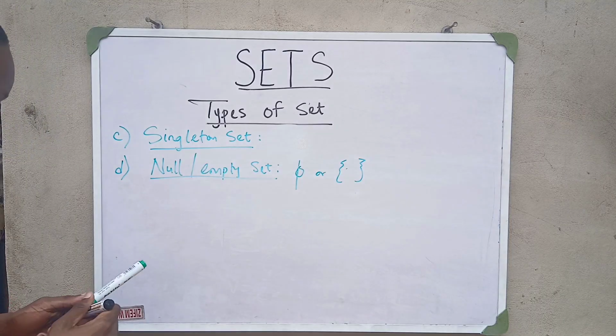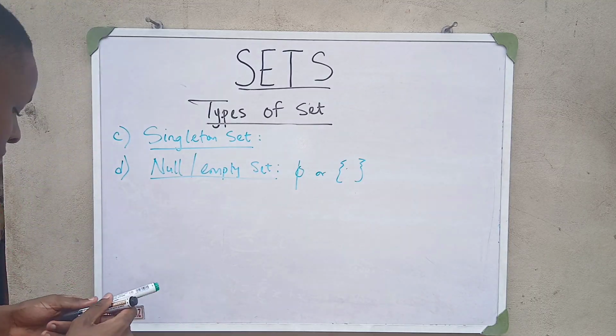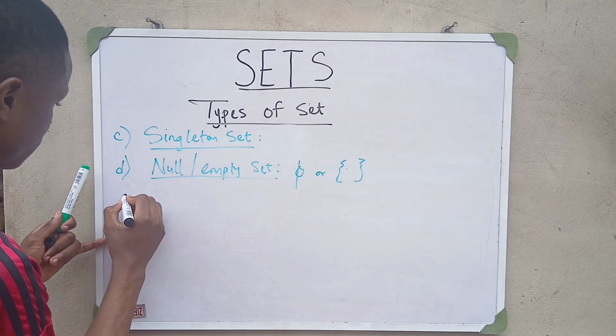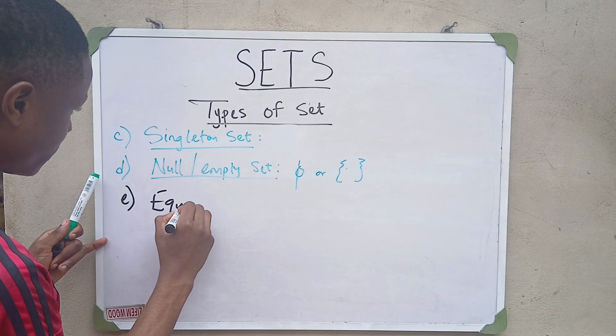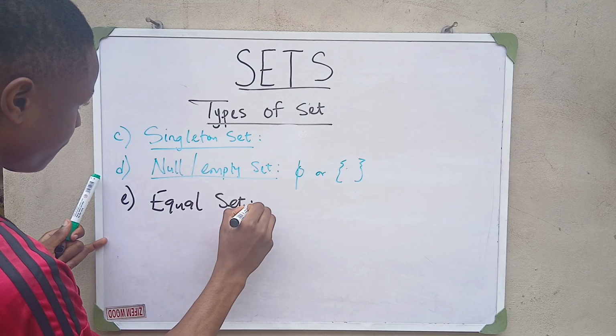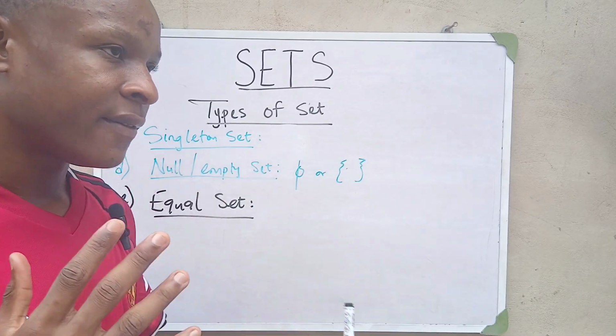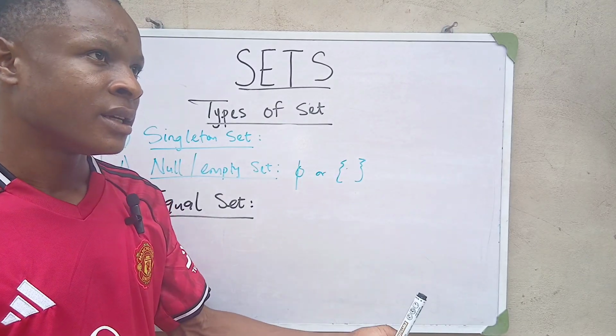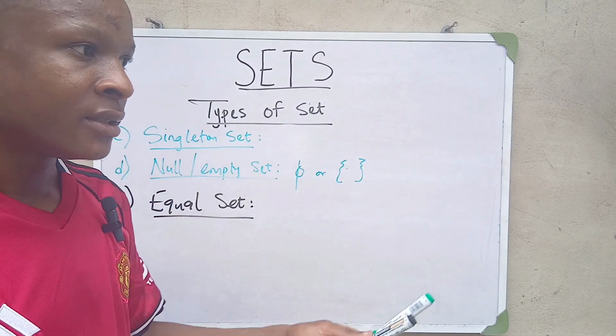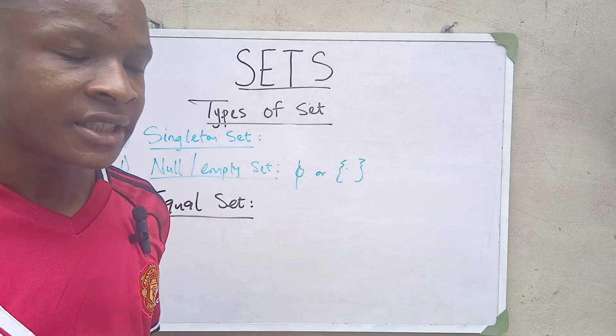The next type of set we have is called the equal set. Equal sets are sets that have the same elements without regard to repetition or arrangement.